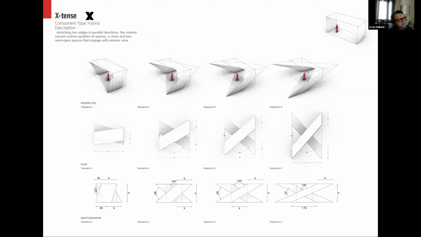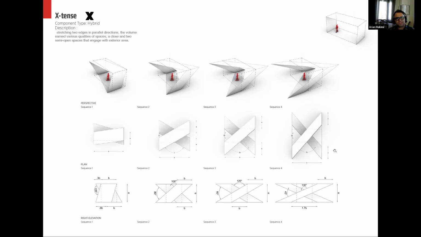As you can see here, we are making the top and bottom surfaces, one rotated clockwise, the other counterclockwise. The rectangle starts to transform into an X, which is the repercussion of this act.